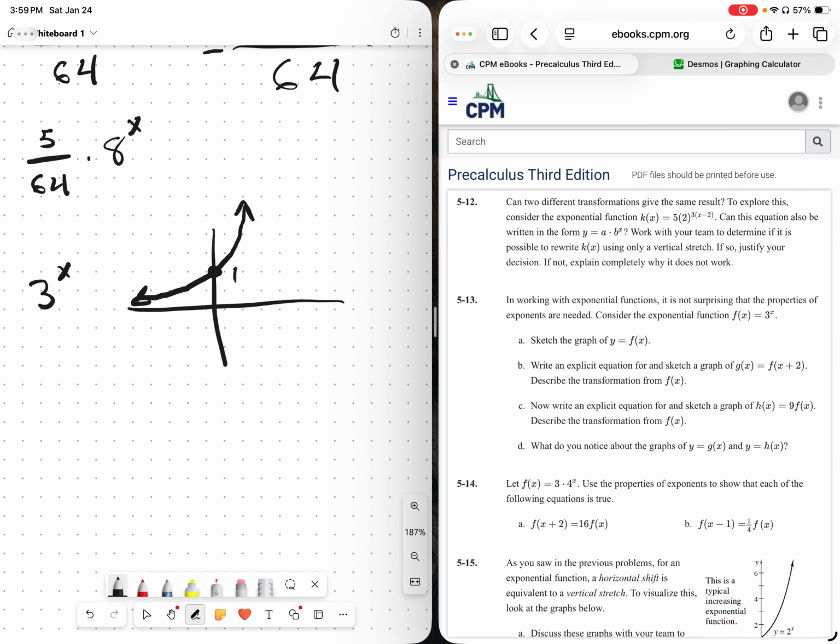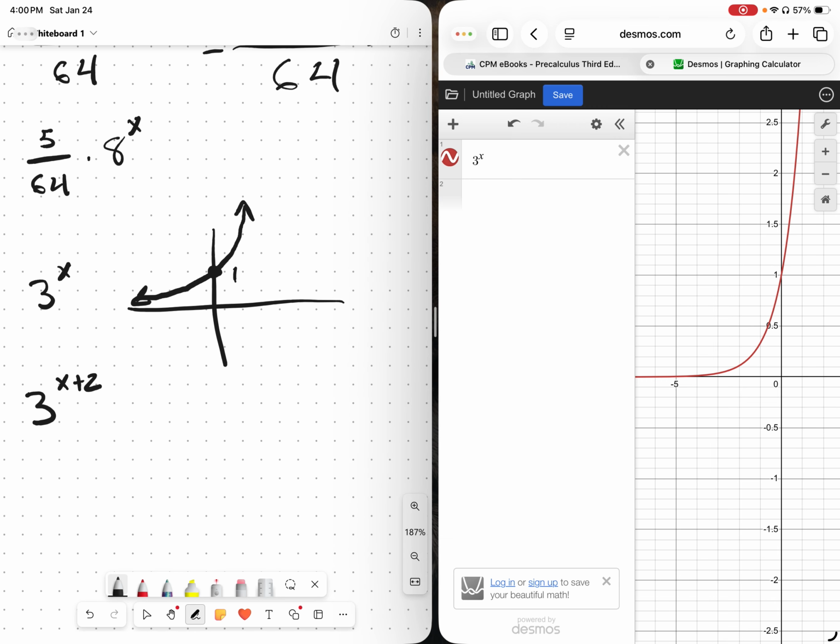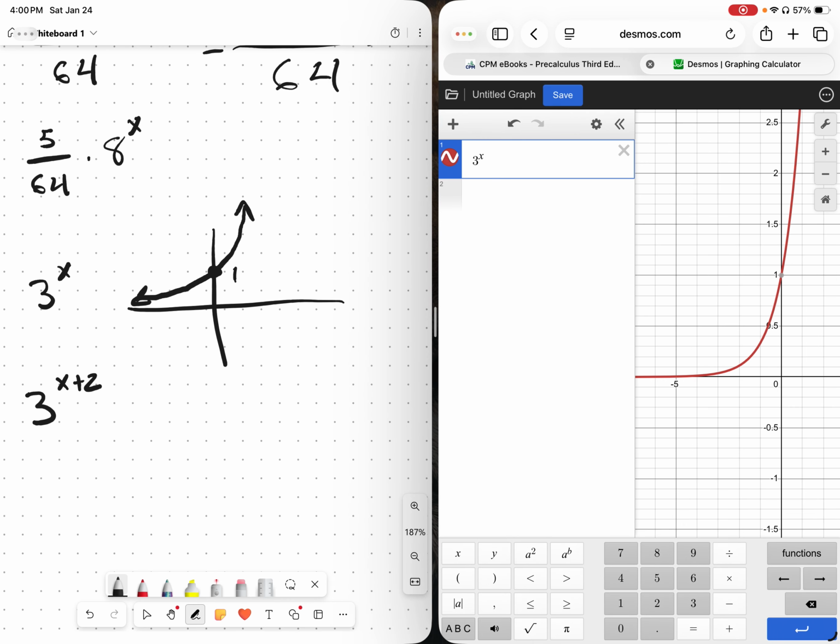The next question says write an explicit equation for x plus 2, so that's x plus 2 plugged into the graph. This would be 3 raised to the x plus 2. If we graph that, I don't want that, it keeps putting it down here on me.